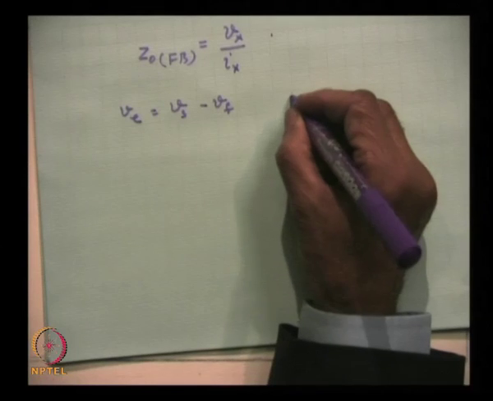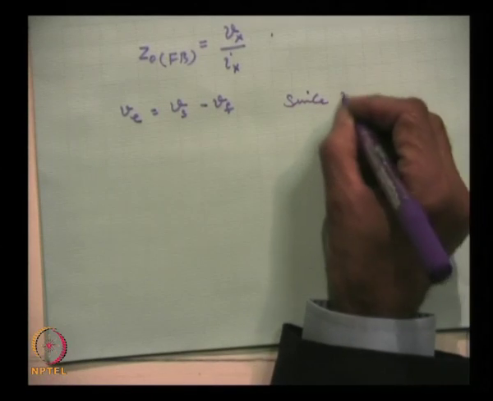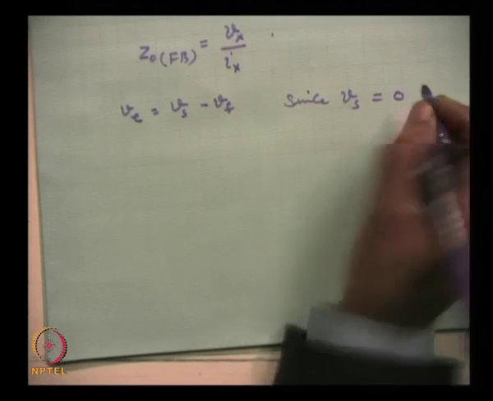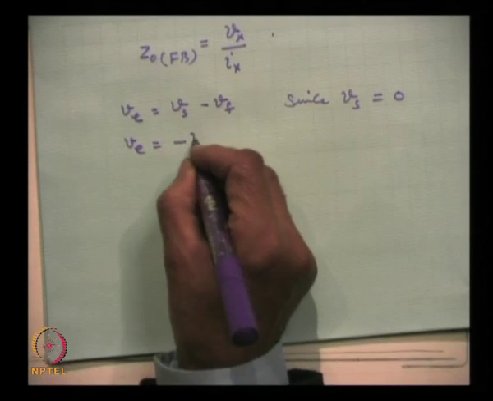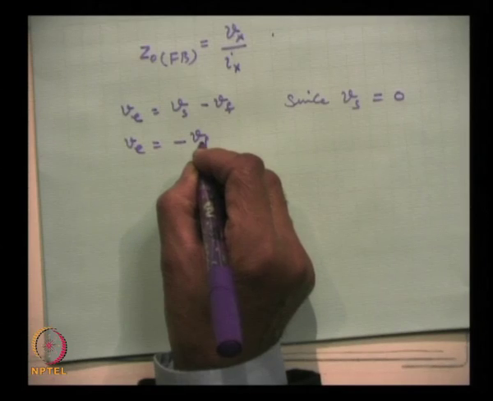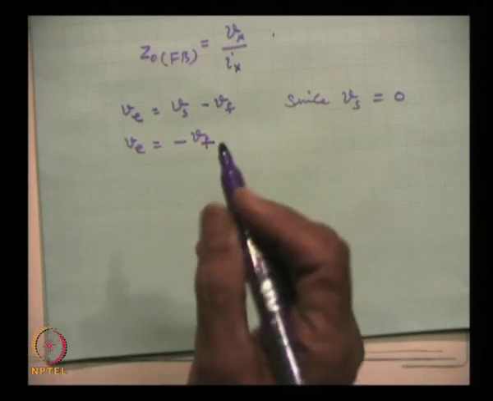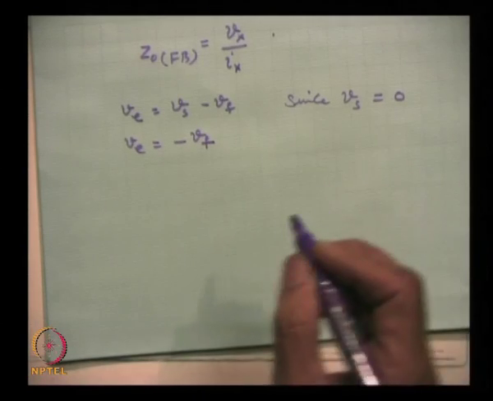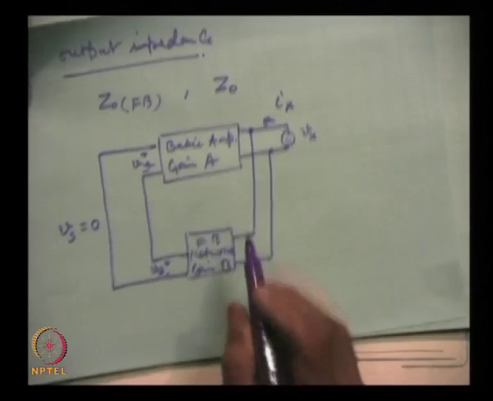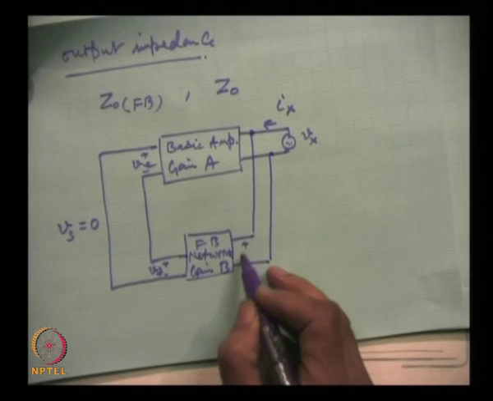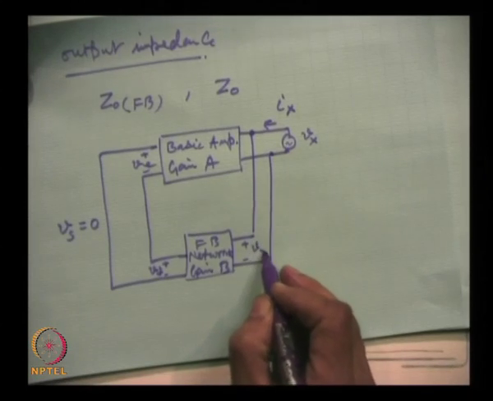So, since V s is 0, V e is equal to minus V f, and V f here is the voltage plus minus V x.